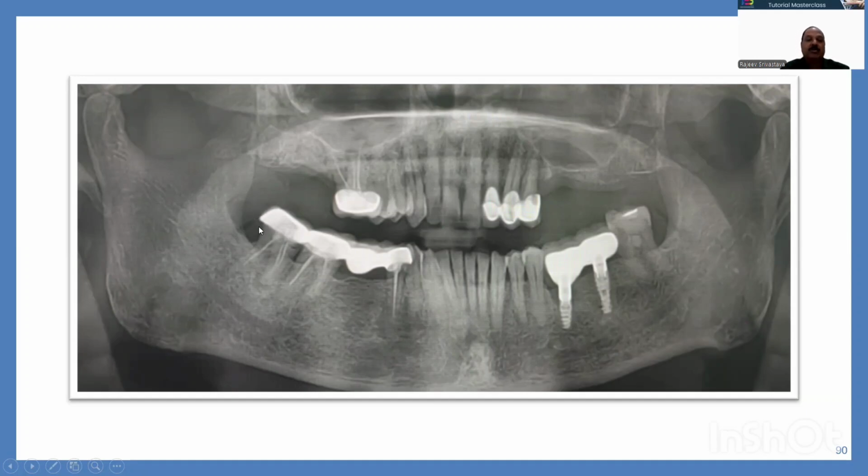So what will happen here? There will again be food lodgement. Once there is food lodgement, there will be caries. So again there will be food lodgement inside your abutment teeth, and this will become loose, and in turn, this might disturb the entire 4 unit bridge. So these things have to be taken care of.